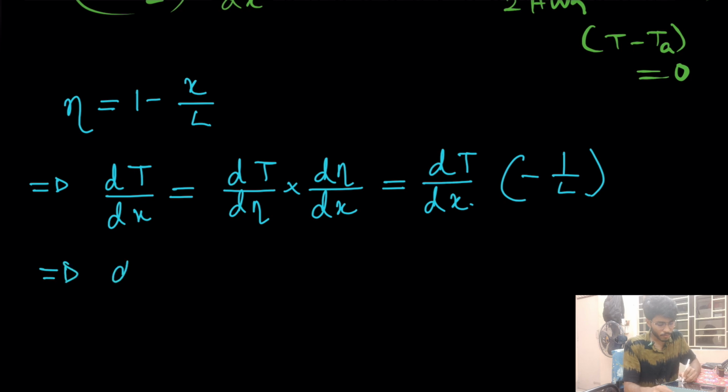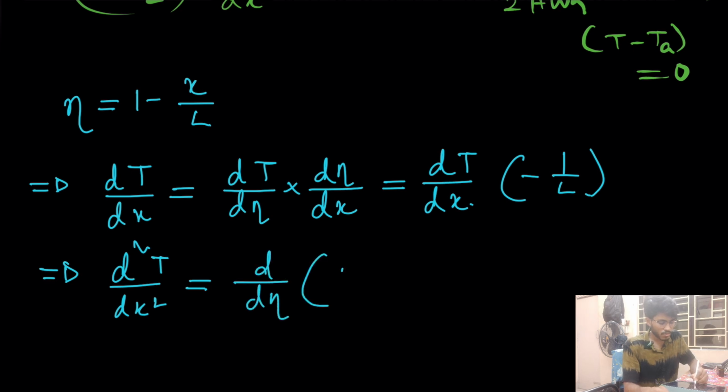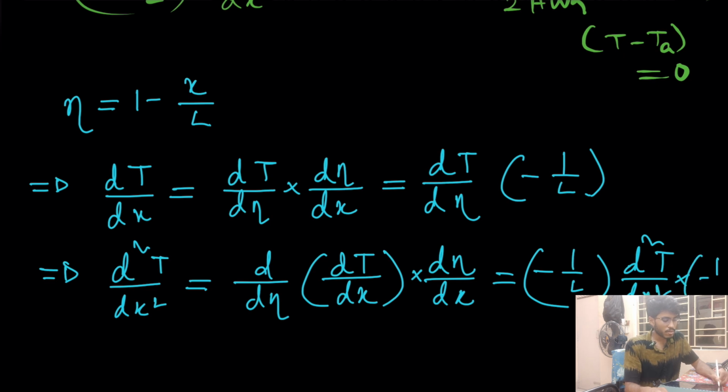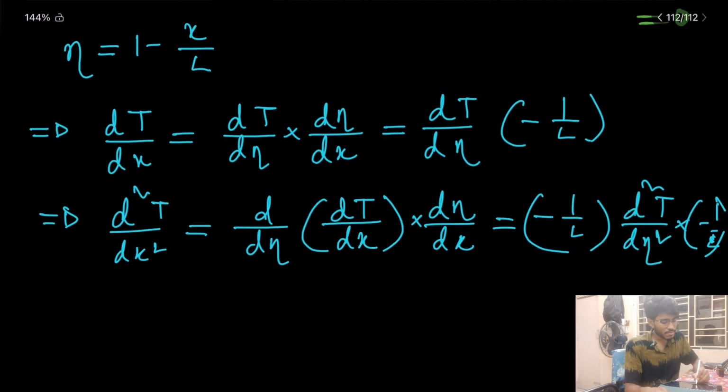and similarly what will be my d2t dx2, so that will be d d eta of dt dx into d eta dx, and that will be, sorry, I have made a mistake here, so that will be minus 1 by L common d2t d eta 2 into again minus 1 by L, clear, and that becomes your 1 by L square, right.